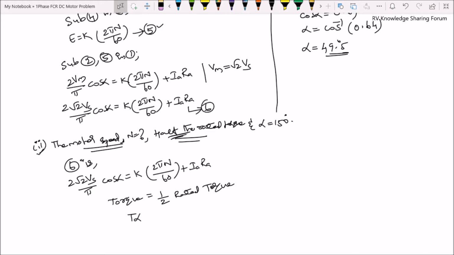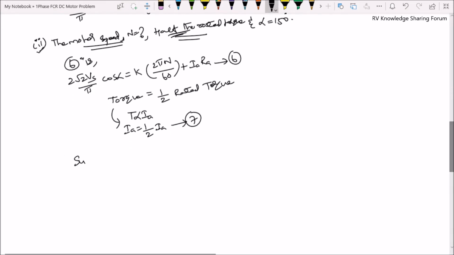We know that in a DC motor, torque is proportional to Ia. Therefore Ia is equal to half the rated current. So based on the value of the torque, the armature current also changes. Now this equation is our 6, which we obtained from the above expression, and this is our 7.